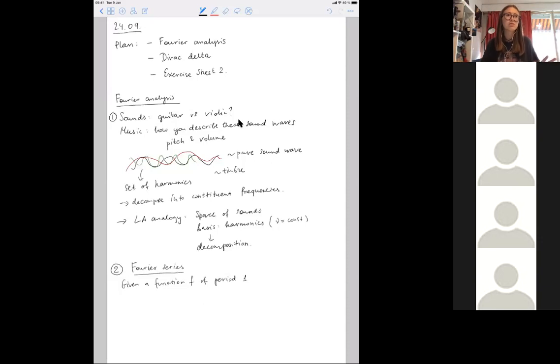So they're smooth, continuous, differentiable, and so on. And for this function, we can write it out as a sum of harmonics, so a sum of sines and cosines. Let me start with a sine.